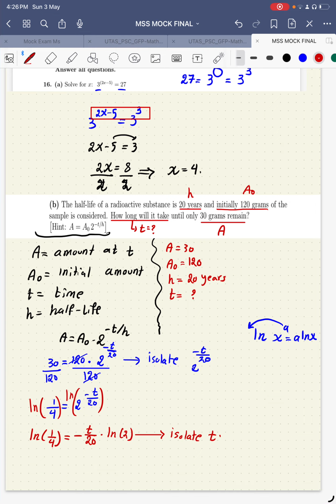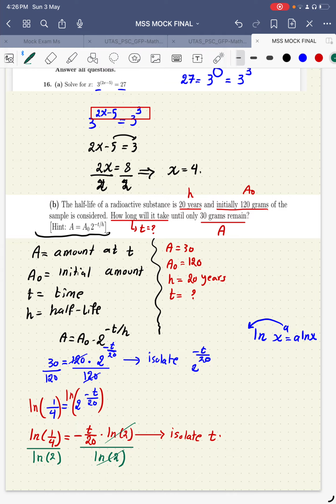t. To solve for t, I need to put t on one side. So what I'm going to do is divide both sides by ln of 2. Again, I'm going to divide both sides by ln of 2, so ln of 2 is going to cancel with ln of 2 here.